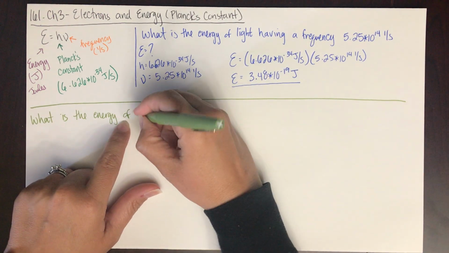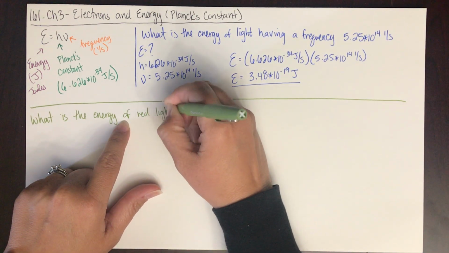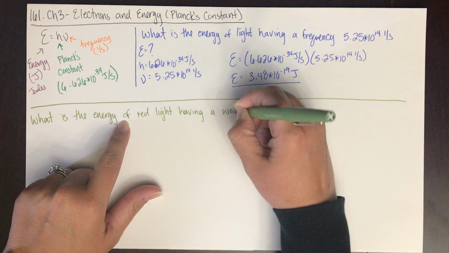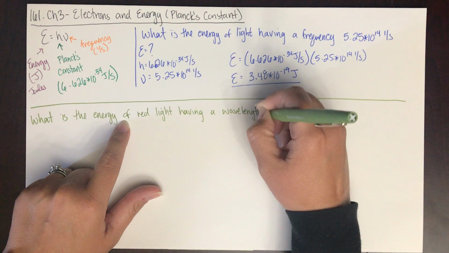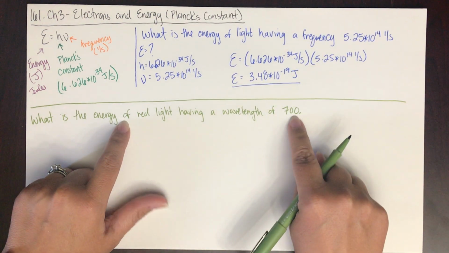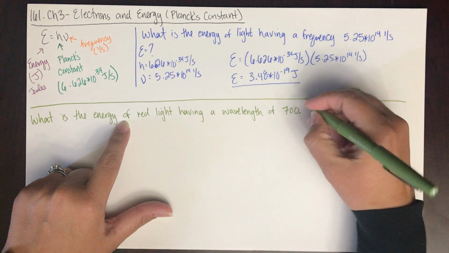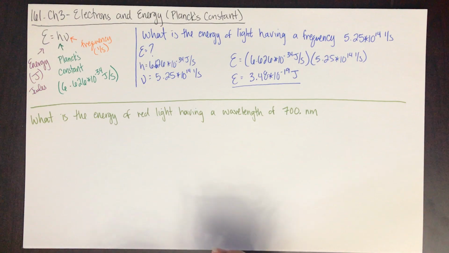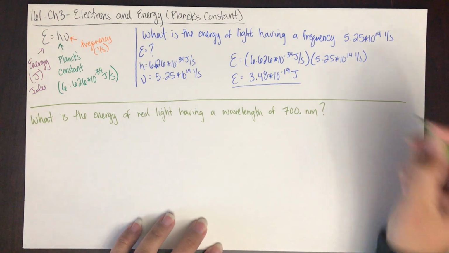What is the energy of red light having a wavelength of 700, I'm going to put a decimal place here just for significant figures, 700. nanometers. What is the energy of red light having a wavelength of 700 nanometers?